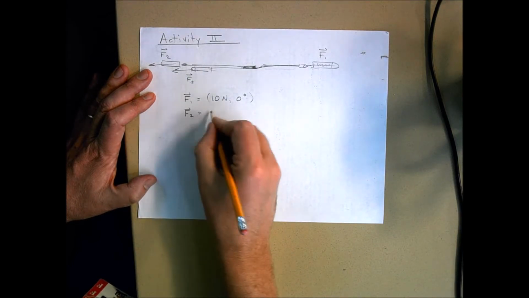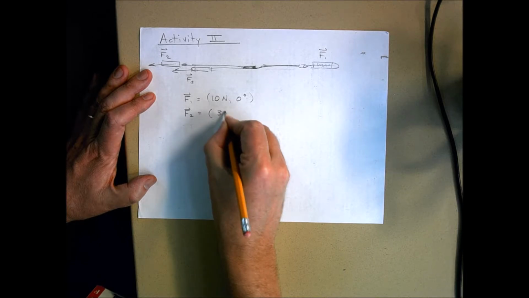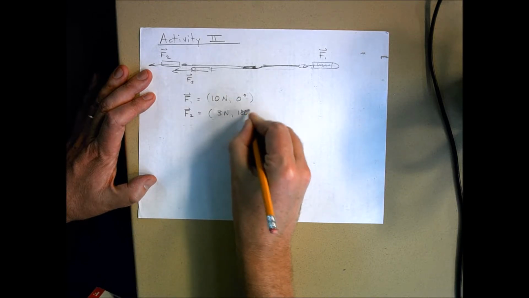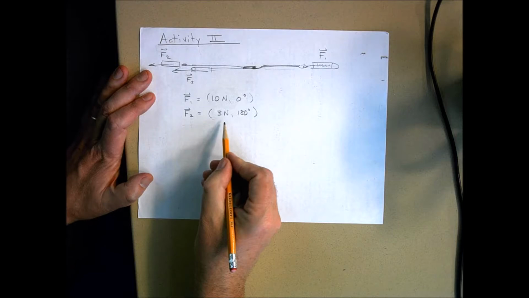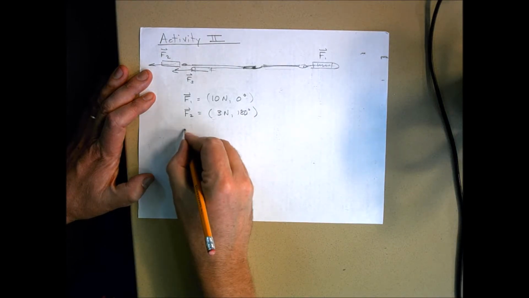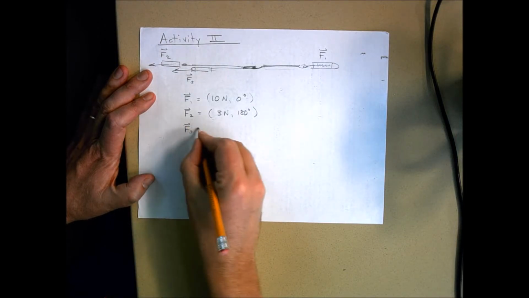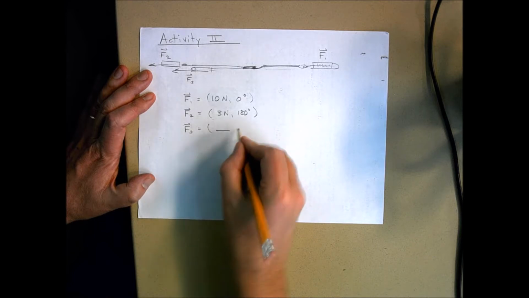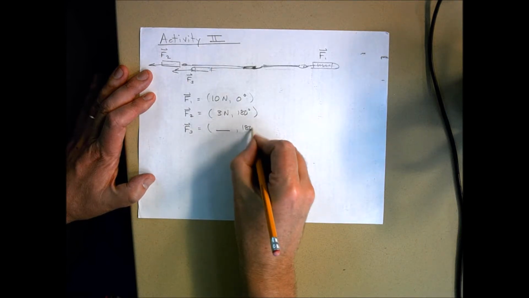F2 is going to be 3 newtons at 180 degrees. So someone's going to have to hold it so it's at the 3. And then someone's going to have to measure F3. But F3 is still going to be at 180 degrees.